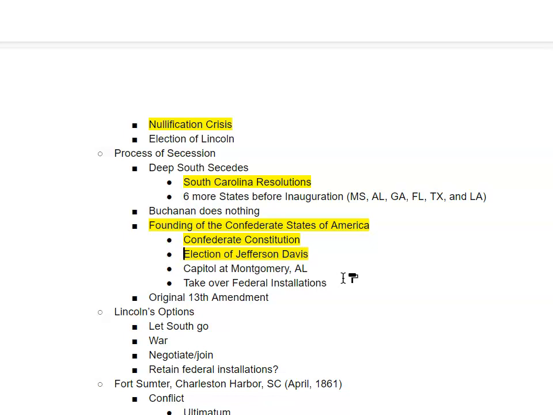And so many Northerners supported amending the Constitution. The actual 13th Amendment to our Constitution is the amendment right after the Civil War that abolishes slavery. And it was ratified and passed.